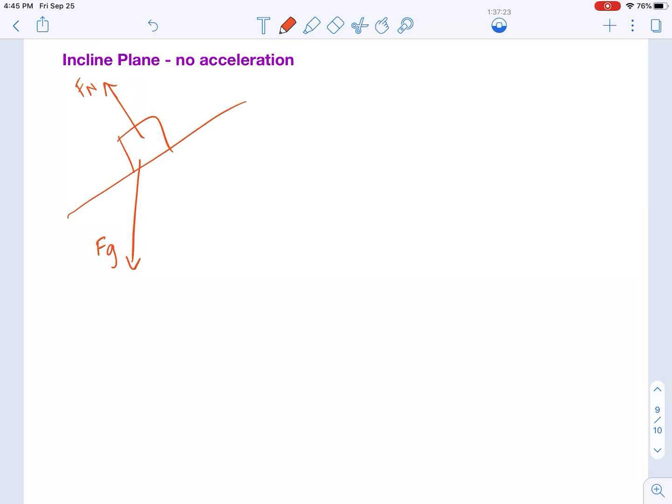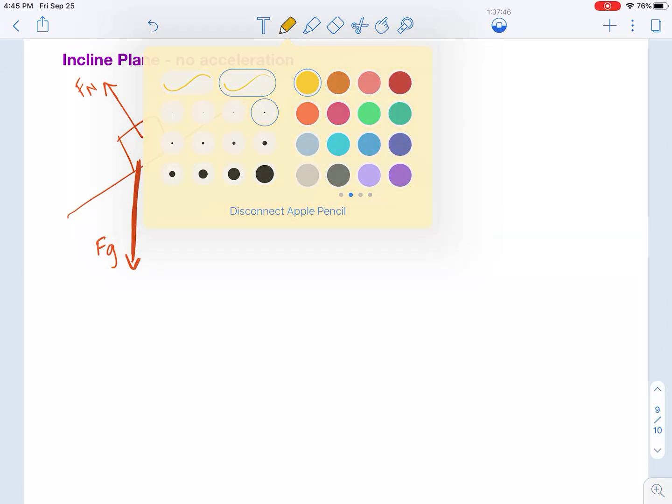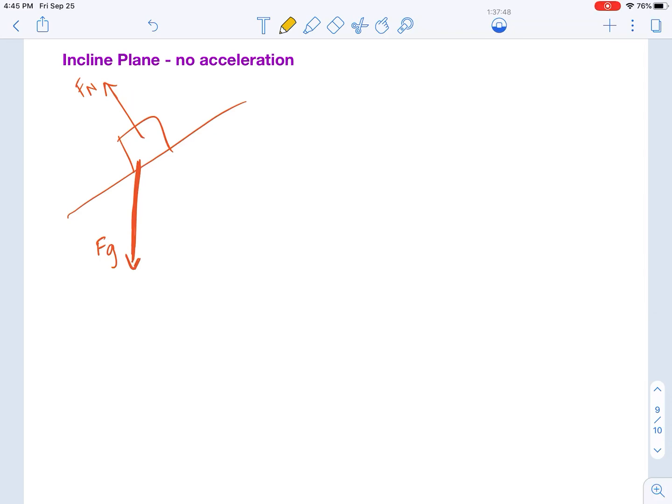Now, if my object is located on an incline, I expect in real life that it's going to slide down because of the weight of the object. Now, the weight is actually pulling straight down. But we've already discussed how this can be broken up into how much of that weight is acting in the same direction as my surface. So parallel to my surface, parallel to my surface.